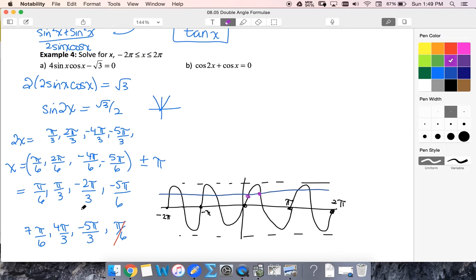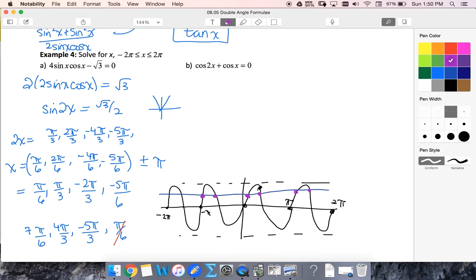And then my next one is going to be pi over 3. So then pi over 6 plus a period is going to be 7 pi over 6. Pi over 3 plus a period. Okay. On this side, I'm going to have my pi over 6 minus a period is negative 5 pi over 6.